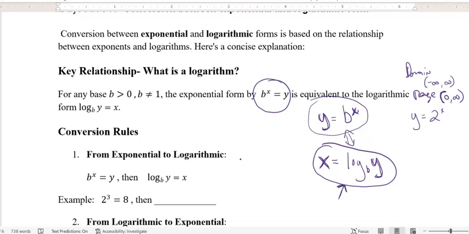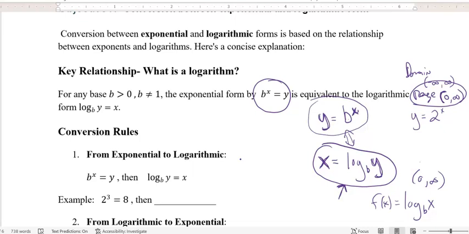If you believe me that these are inverses of each other, then if I were to write this in our standard function notation and just use x for my input, then in log base b of x, the input has to be just positive numbers, the range of its inverse, 0 to infinity.